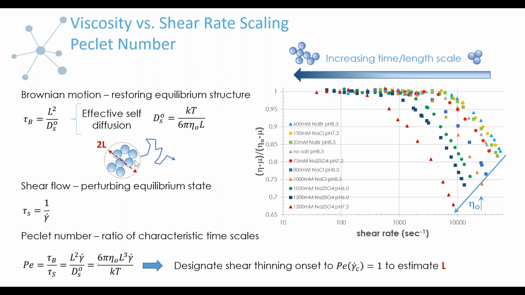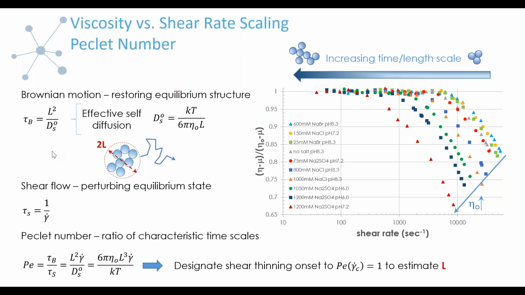They're just diffusing around in a random manner, and this is acting to restore the equilibrium and resist the perturbation that's coming from the shear flow. So the way that we're going to non-dimensionalize shear rate is to use timescales from the Brownian motion and the shear flow to define a non-dimensional group.